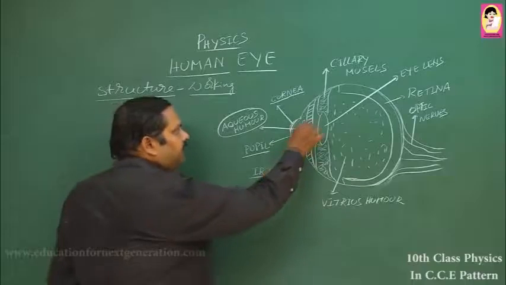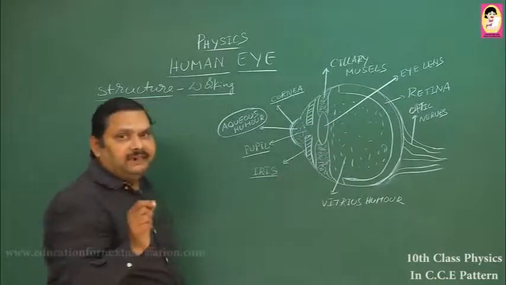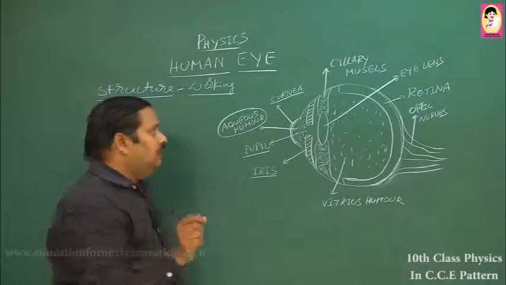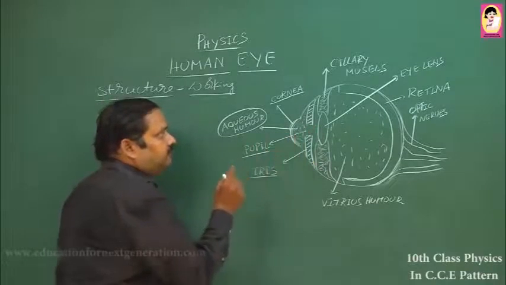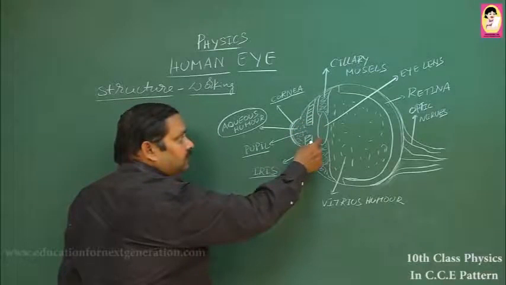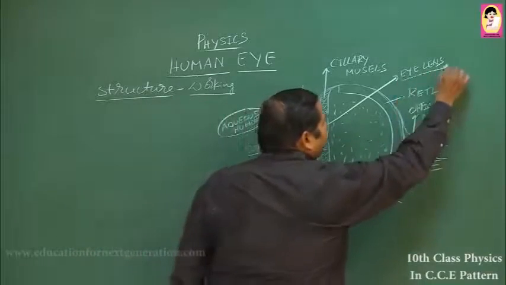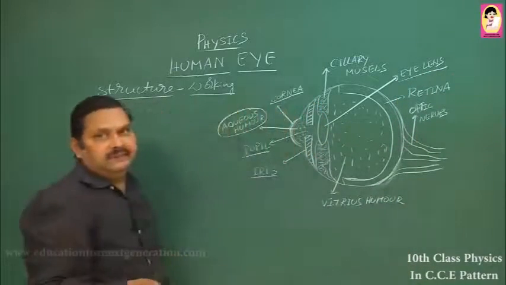Behind the iris pupil system there is a muscular lens which is in the shape of a convex lens, and this muscular fibrous lens is called the eye lens.